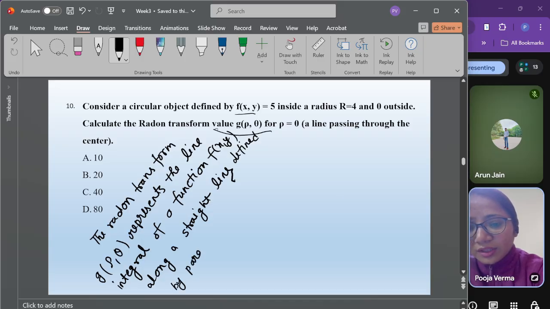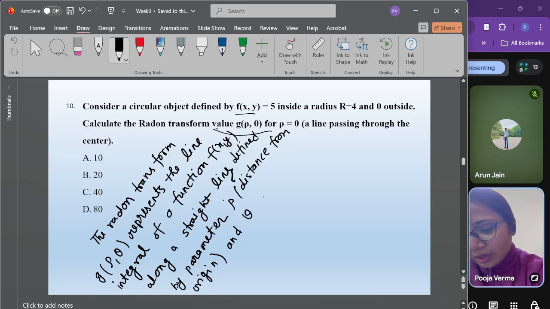In general it is defined here, but for our question we need to change it. Here rho is the distance from the origin, and theta is the angle of the normal to the line.